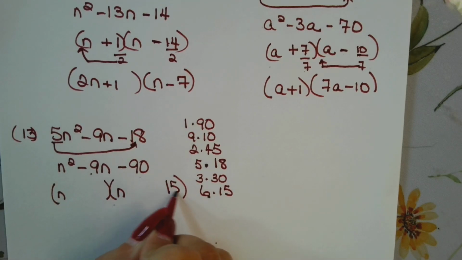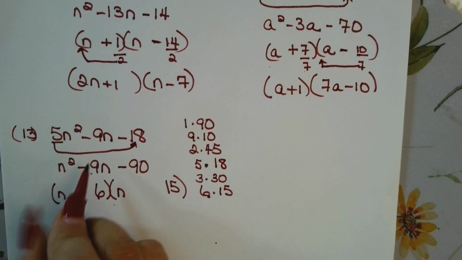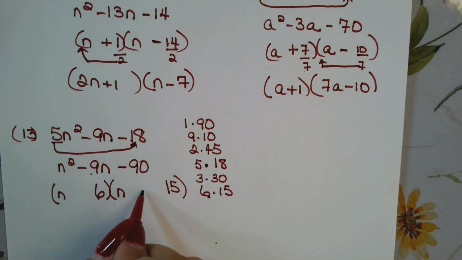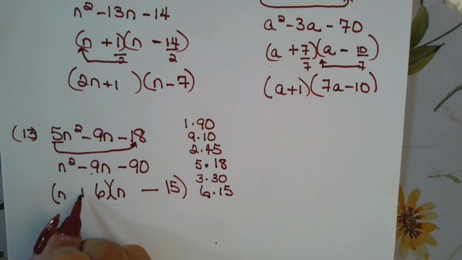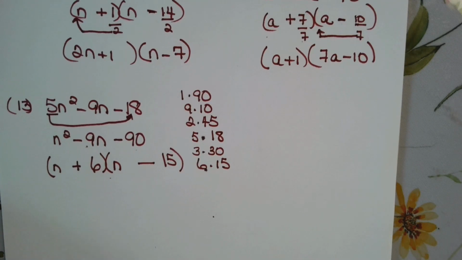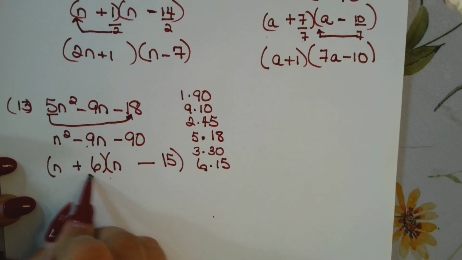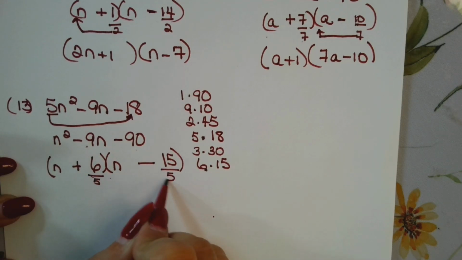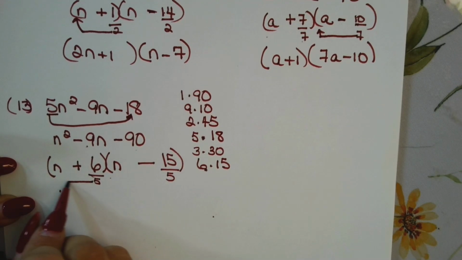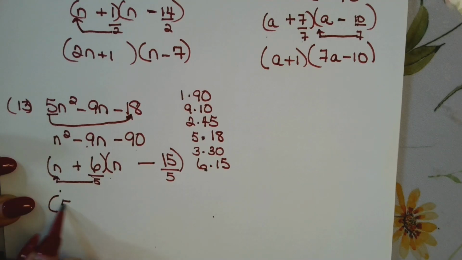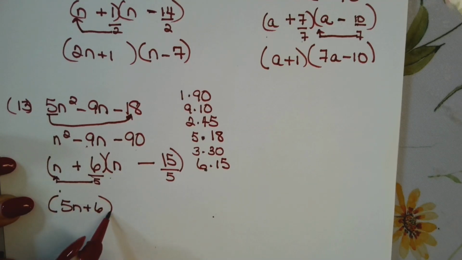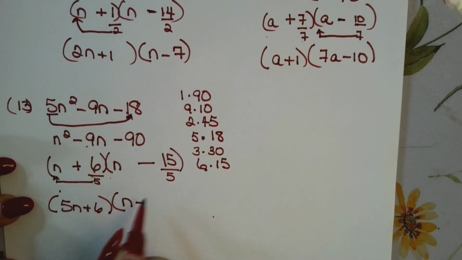So we're going to use that 15 and 6. Negative 9, that means the bigger number will be negative. The other one will be positive. And since we multiplied by 5, now we're going to divide each of these by 5. Swing this guy to the front. This will be 5n plus 6. And this will be n minus, 15 divided by 5 is 3.